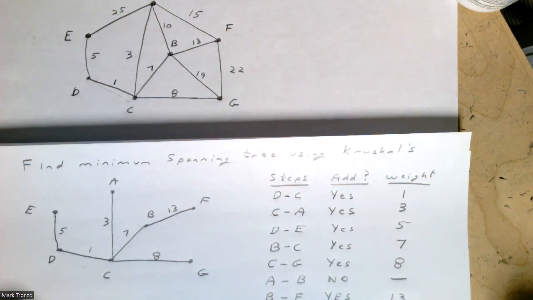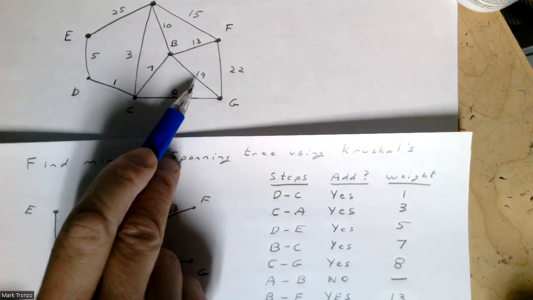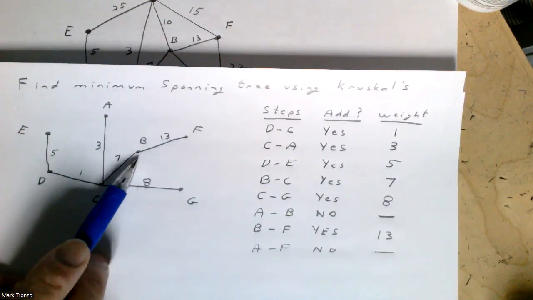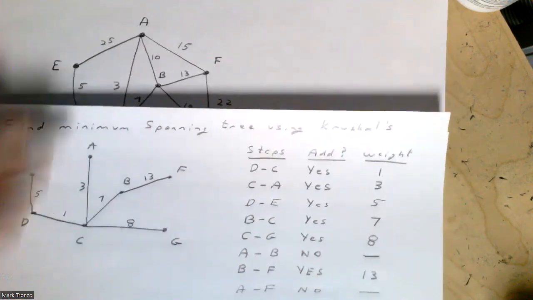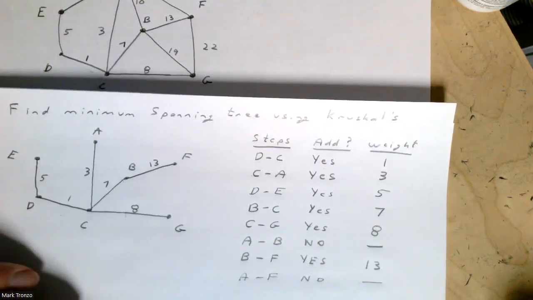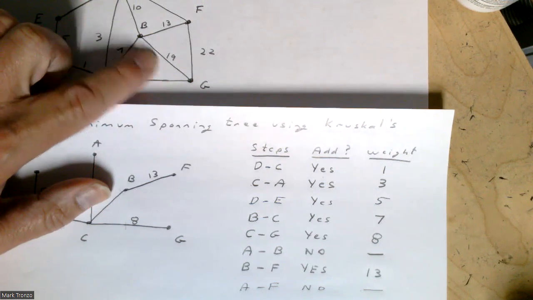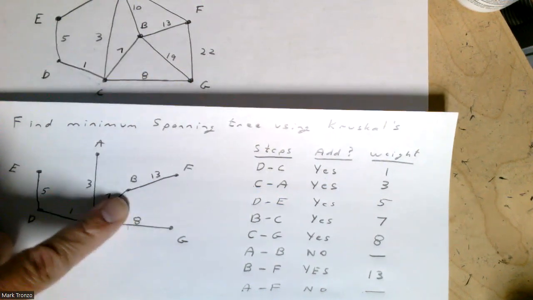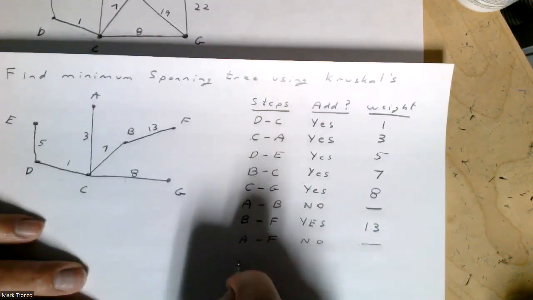It looks like 19 is the next smallest one, which is BG. If we put BG in, it would cause a circuit. So no.